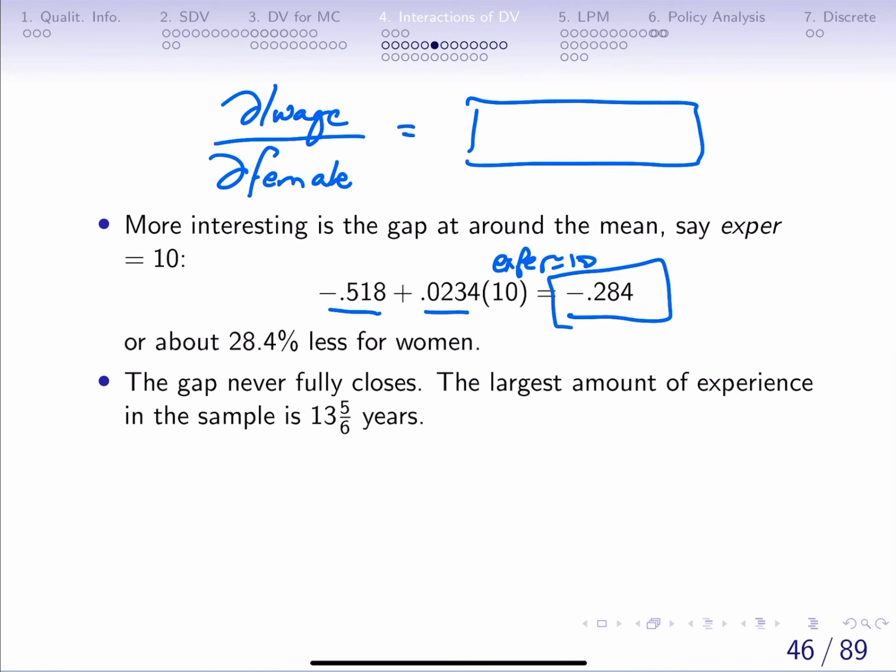Which is basically saying that at 10 years of experience, women earn 28.4% less than men.